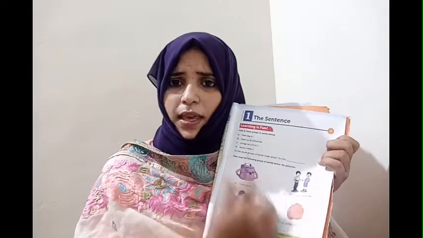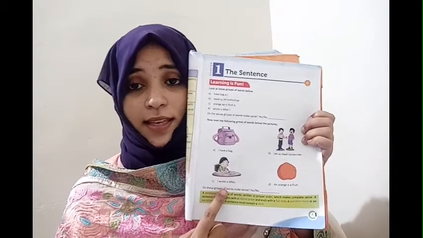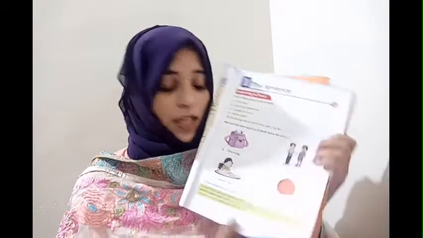Then next, do these groups of words make sense? Yes, of course. These sentences are making complete sense. So you have to write here yes. Children, here you can see a complete explanation about sentence. A sentence is a group of words, yes, we know that, written in proper order. What is the order?